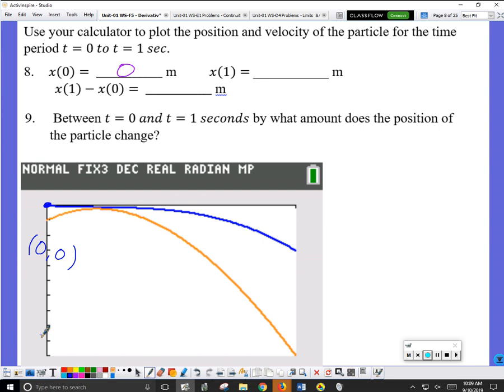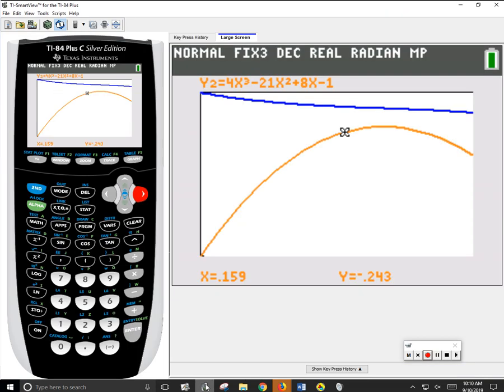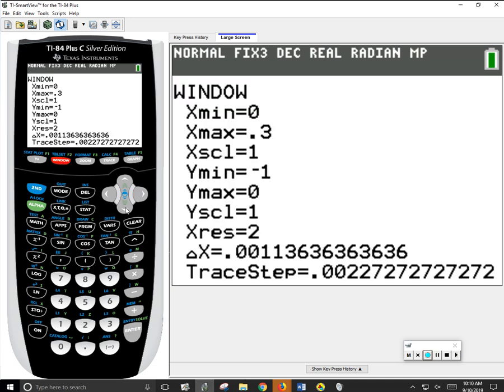Use your calculator, you can figure out that at time equal 1, the position is -3. Do you need me to show how to do that again on the calculator this way? So back here, I want a window from 0 to 1. Zoom fit.